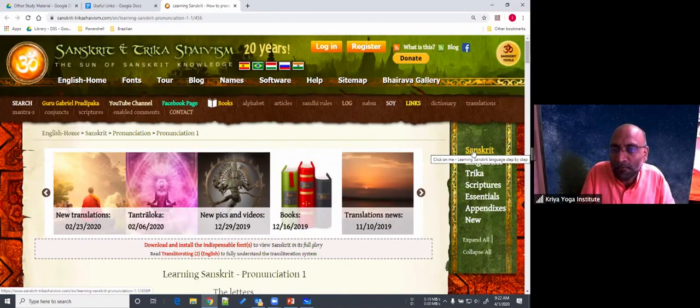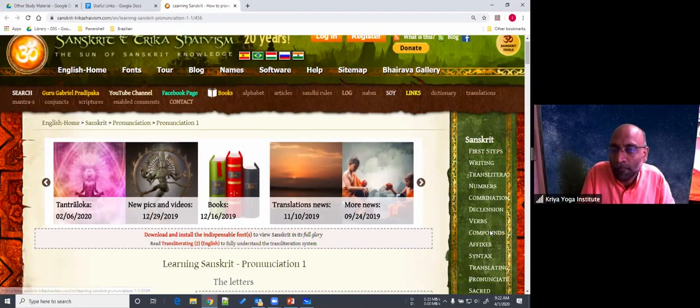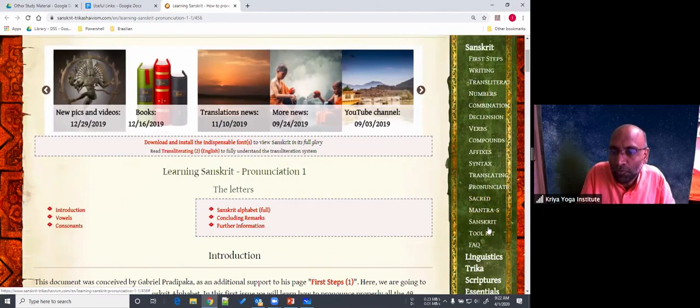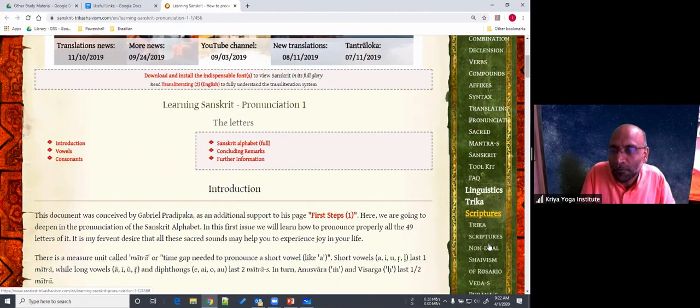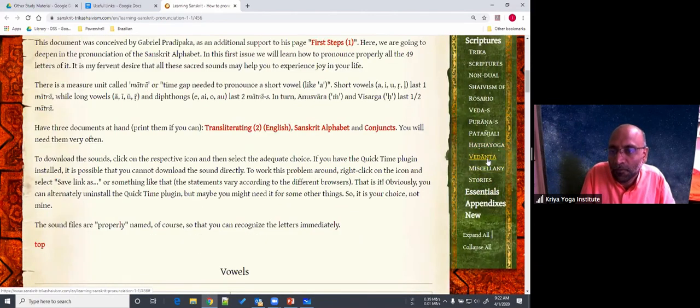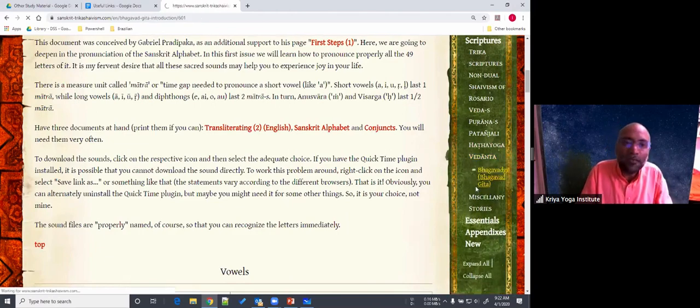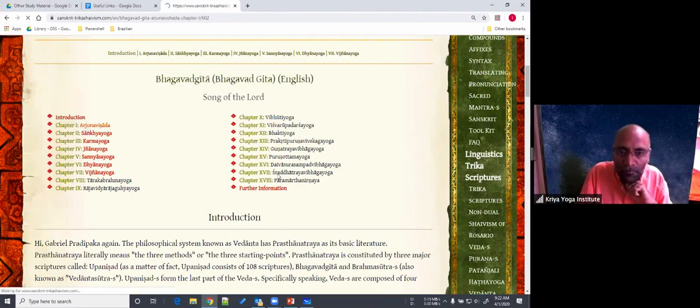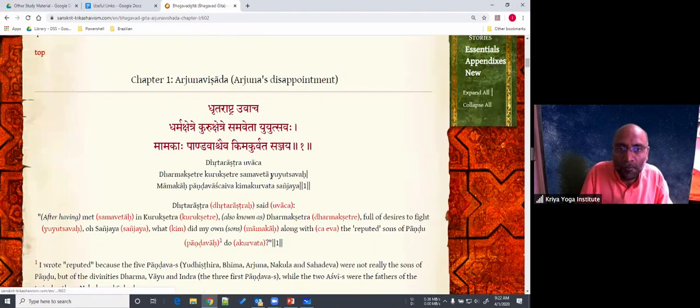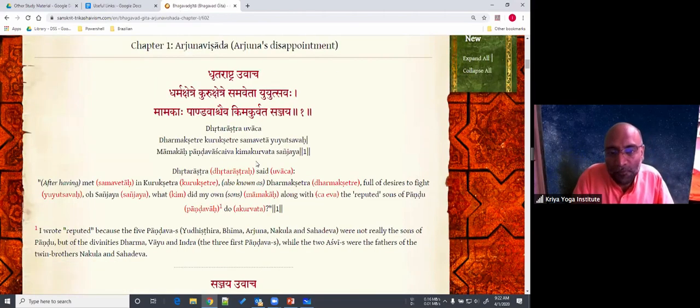It actually has many Sanskrit-related resources. And one of the things I want to show you is the scriptures, the Bhagavad Gita. He has done it in a nice manner, and we'll utilize it for our study purposes. So in the first chapter, this is the first verse. What I like about this site is that you see Devanagari, you see transliteration, and you see the individual word meanings.